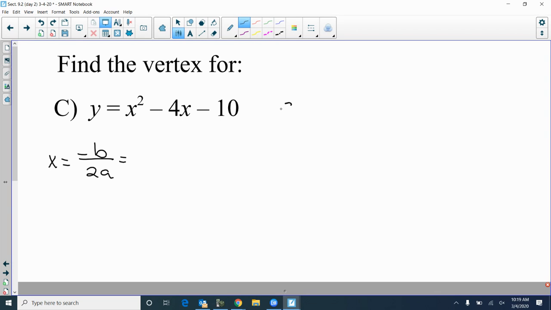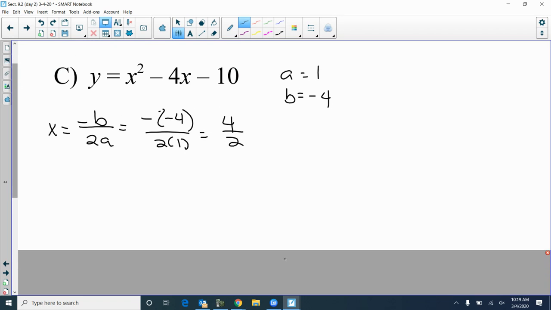A is 1. There's no number in front of the x squared, so you make it a 1. B is -4. So I got the opposite of -4, over 2 times 1, equals 4 divided by 2. So x equals 2.